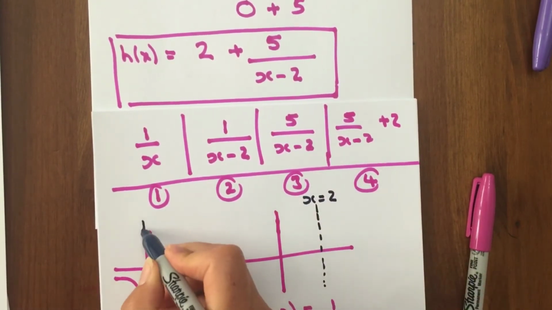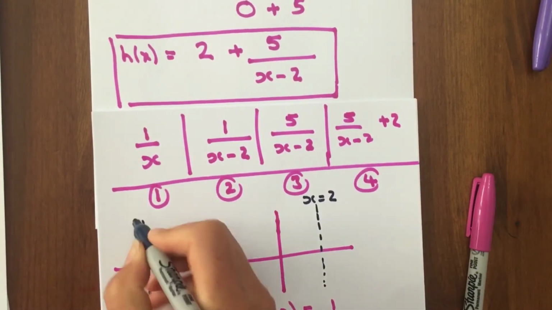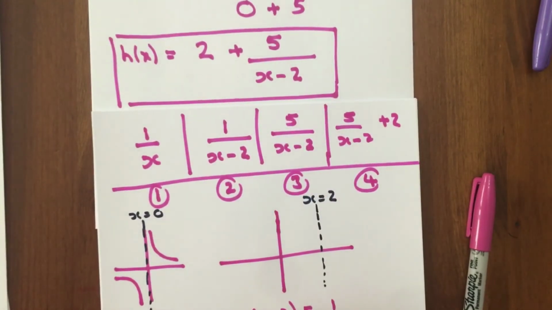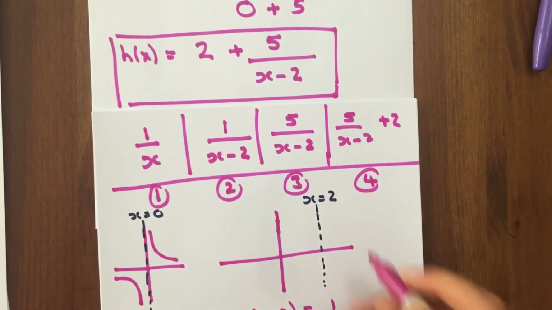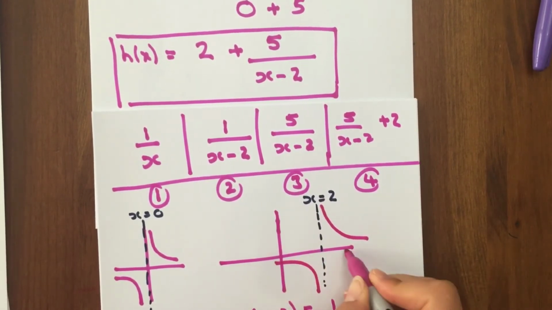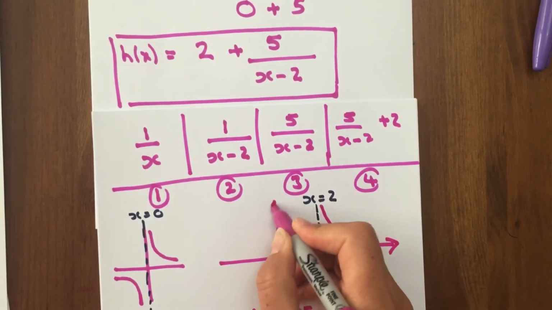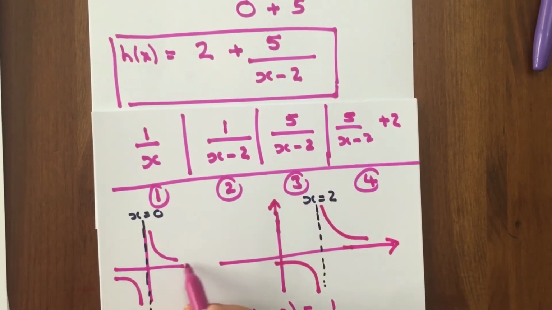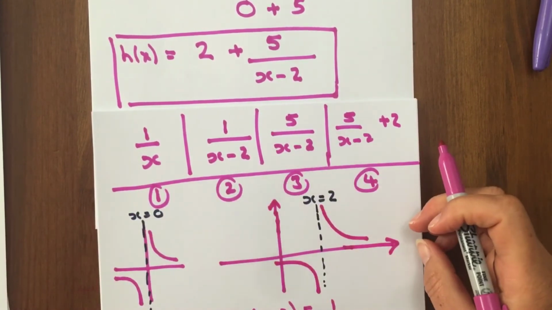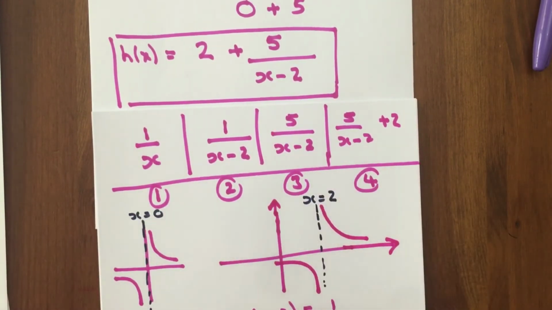It was here at x equals 0 and it's moved to x equals 2. And my graph will now be like this. This asymptote stays where it is. I picked up my graph and moved it 2 to the right. Right, that's stage 1, stage 2.